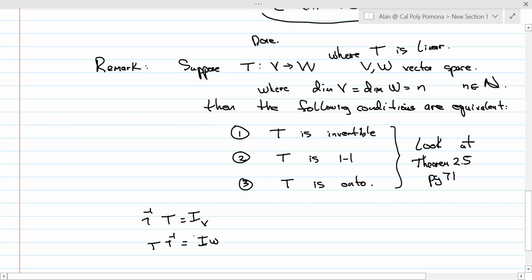And so now it's natural to think about what happens when both of these are matrices.